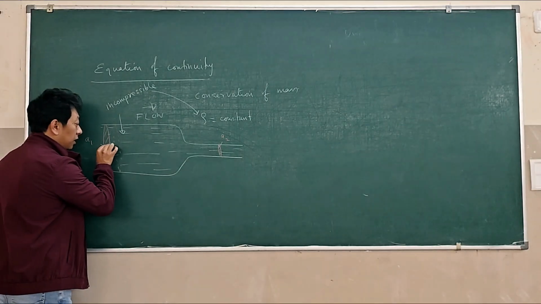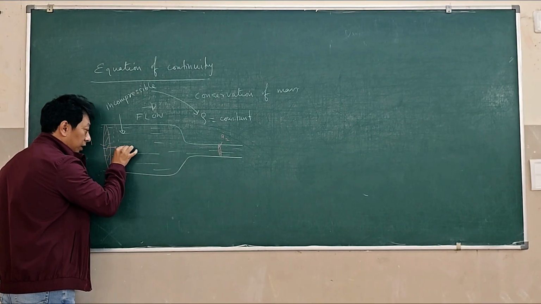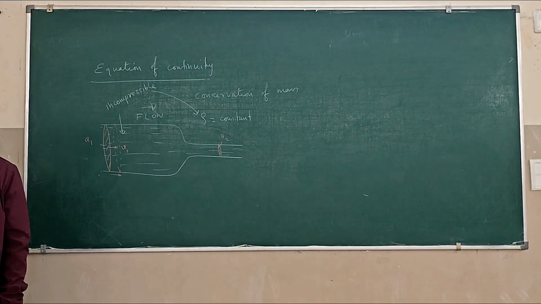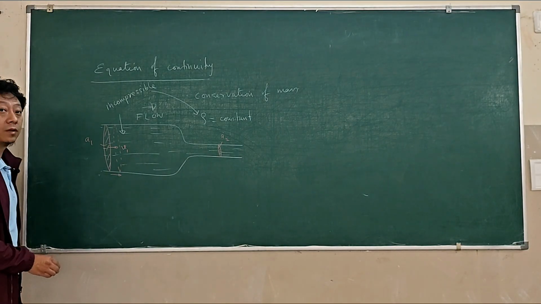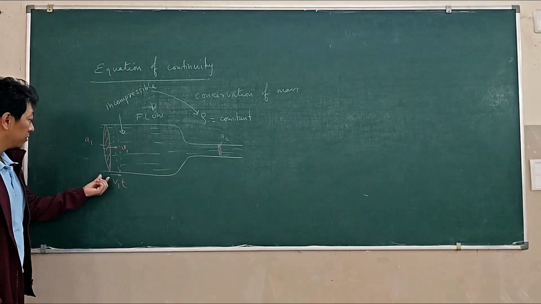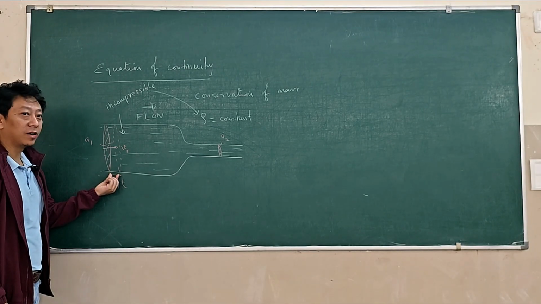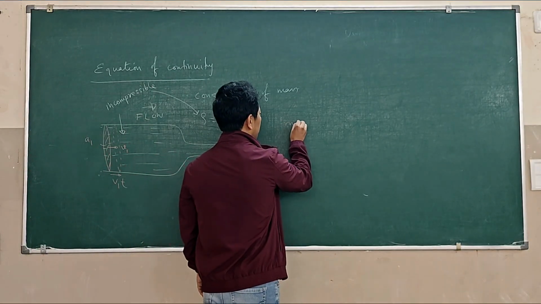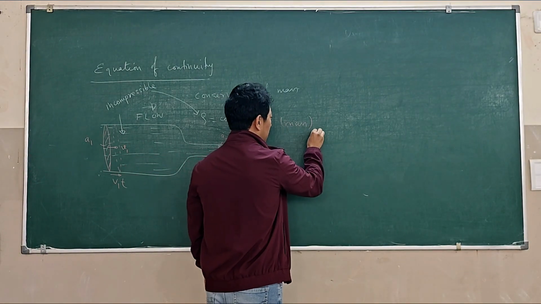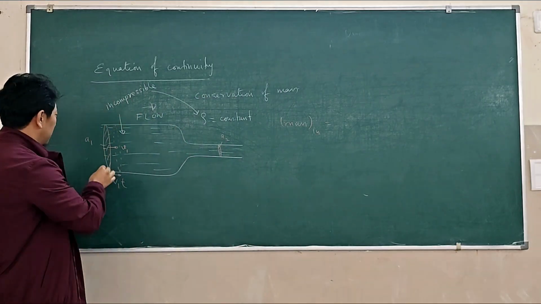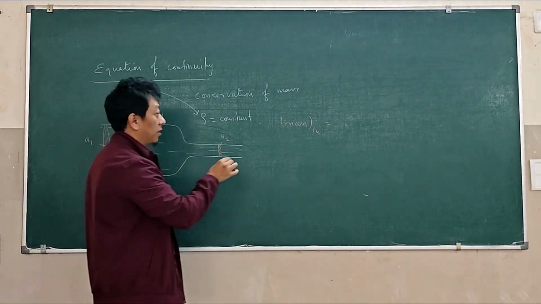If the velocity here for the fluid is v1, this distance covered will be what in time t? v1 into t. So this distance covered is v1t. That means how much mass came inside? Mass that came into the tube. In what time? T time.